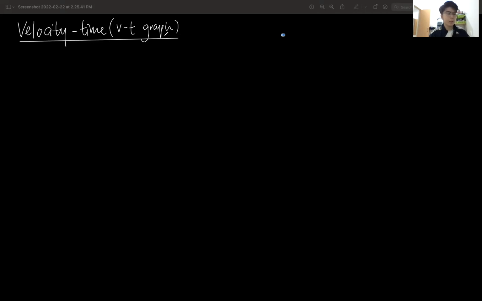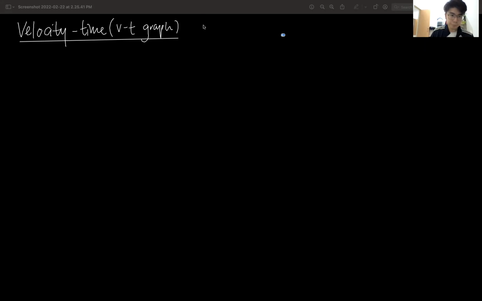Now, everything you learn in the ST, apply for the VT in terms of the gradient. Okay, in terms of the gradient. So the gradient of ST is the velocity, and we have a gradient for the VT as well. What is it? What does it equal to?